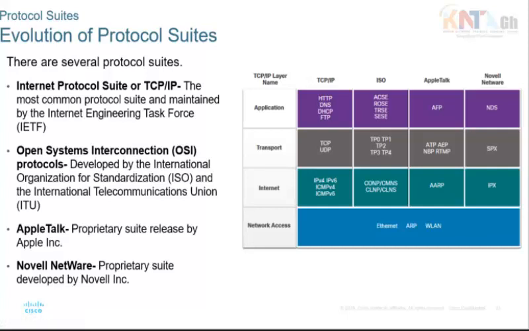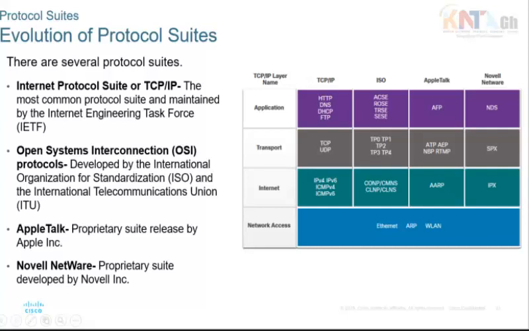And then for ISO, which is the International Standards Organization, you have these protocols here. For Apple, you have this protocol here. And then for Novell Network, you have these protocols. So at this layer, which is the transport layer, for TCP/IP, you have the TCP and then the UDP transport protocols.